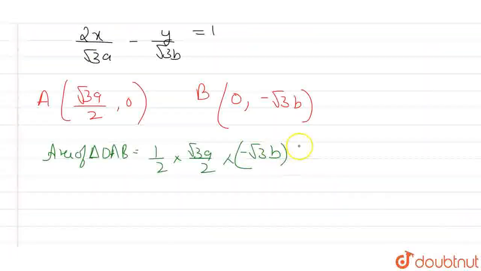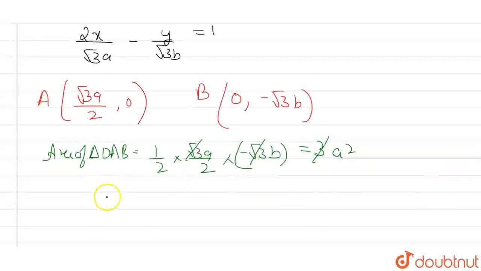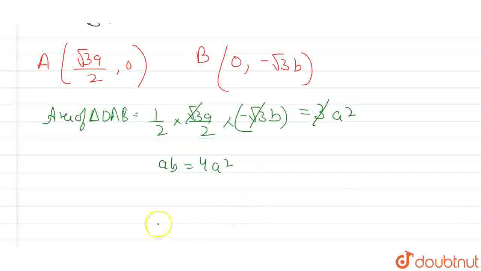So root 3 and root 3 become 3, which cancels out with the 3. We are left with AB equals 4a square on this side, so b equals 4a.